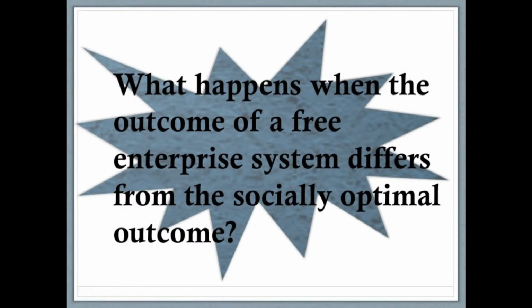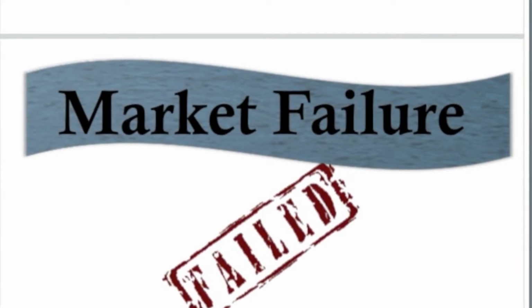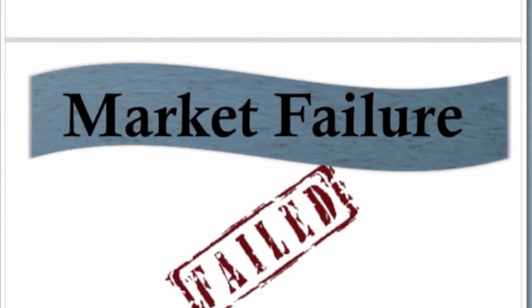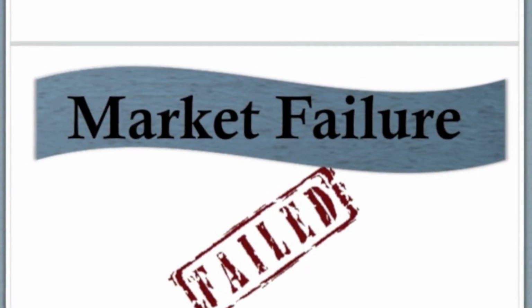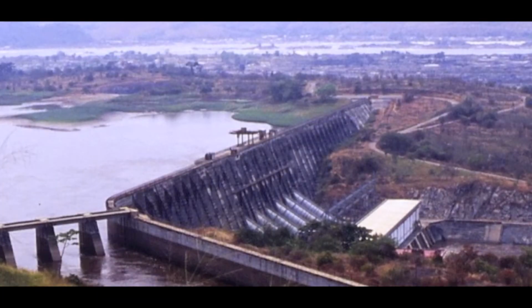What happens when the outcome of a free enterprise system differs from the socially optimal or expected outcome? Market failure. An example of a market failure could be described in the creation of a public good. Let's say a farmer wants a river to be dammed to provide flood protection.